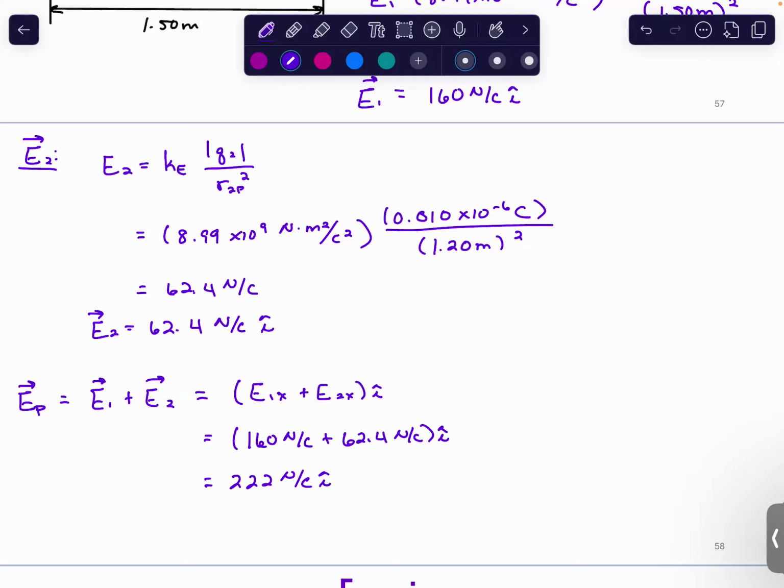So in this case, the magnitude is easy because everything is in that positive I hat direction, your E is just going to be 222 newtons per coulomb. In the direction, we don't have to find theta because this one lies right along the x-axis. So this is 222 newtons per coulomb in the positive x direction.